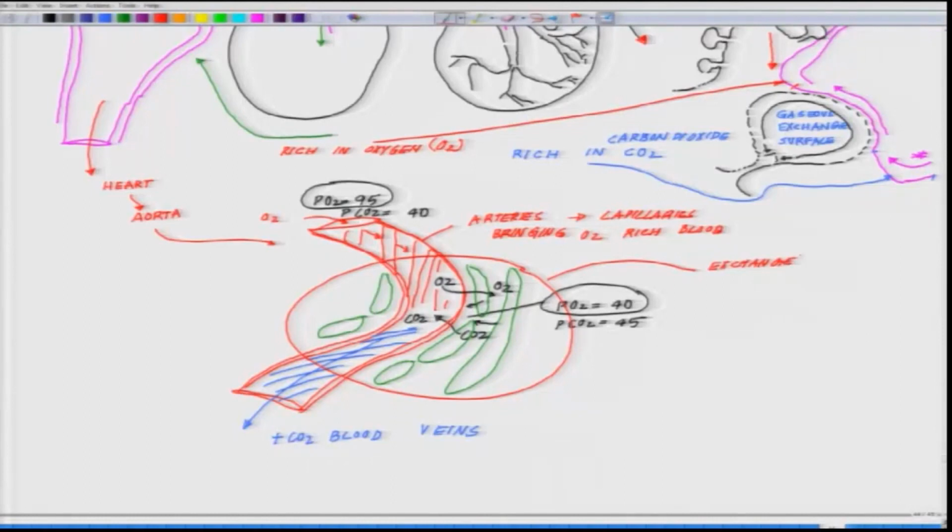So now you have a comparative picture of gaseous exchange in the tissue as well as in the lungs.